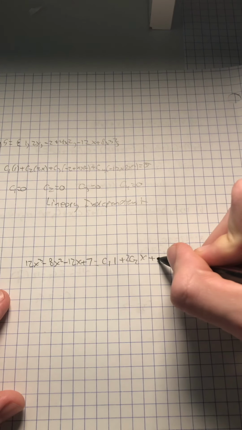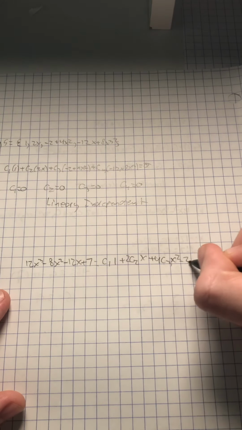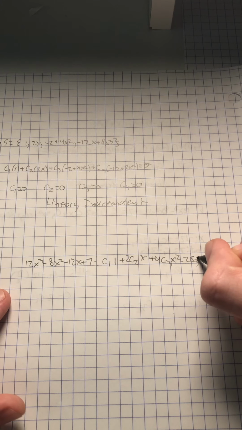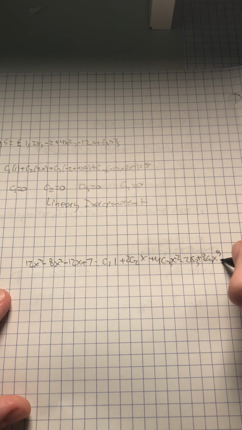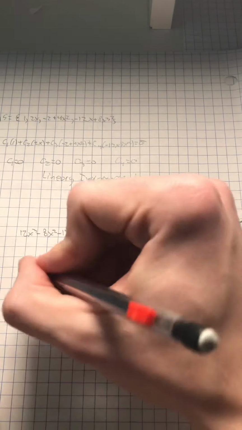Let's see here, 4c3x squared. And now we can simply equate coefficients. So let's start with our constant.